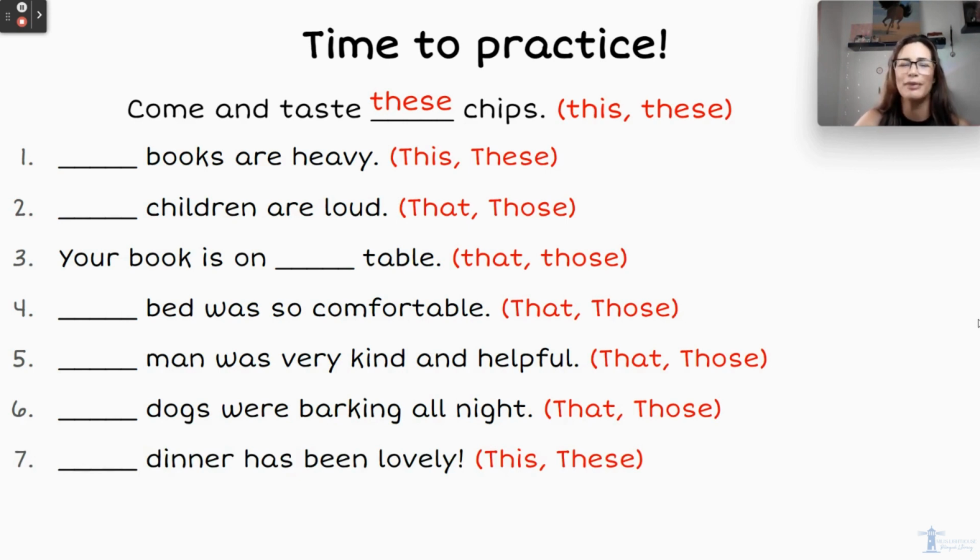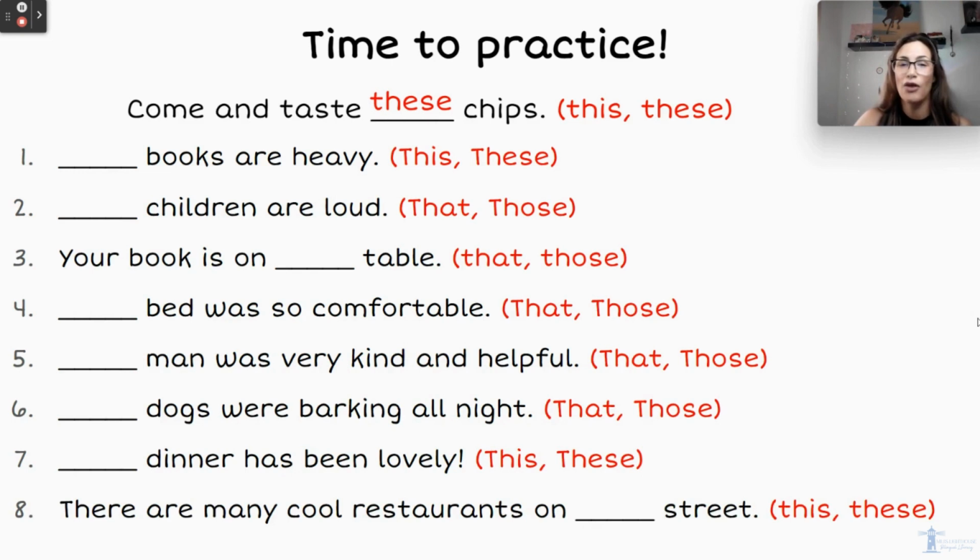This dinner has been lovely. These dinner has been lovely. There are many cool restaurants on this street. There are many cool restaurants on these street. So pause the video, give yourself some time, or let's continue with the answers.